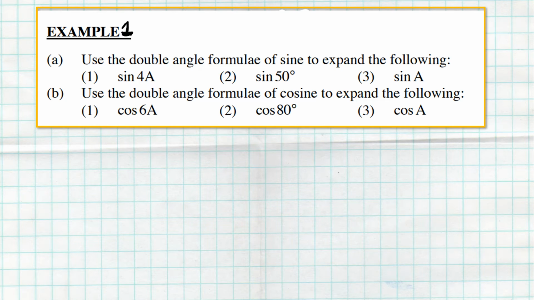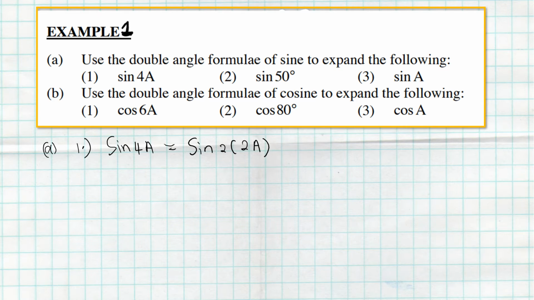Okay, let's look at an example now. Let's look at example number 1. They're saying use the double angle formula for sine to expand the following. So A1, you're given sine 4a, right? We know that sine 4a can also be written as sine 2 into 2a, right?